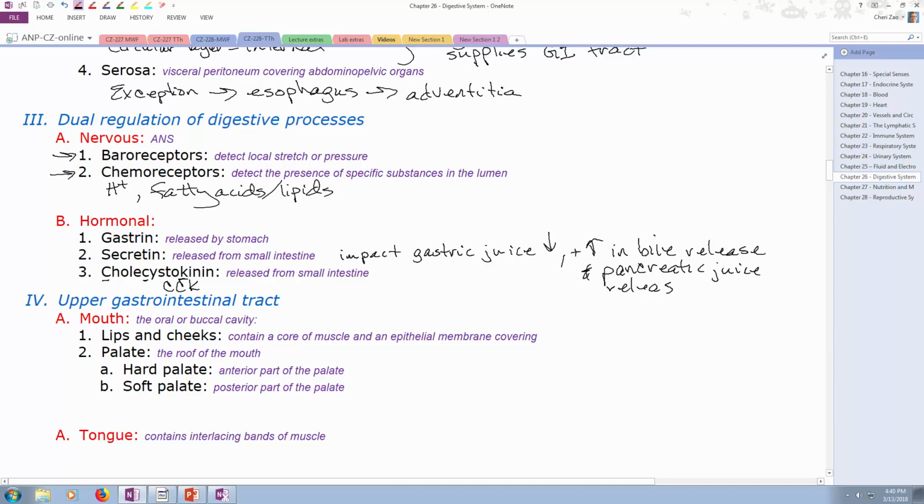It will decrease gastric juice, which is a bunch of juice released by the stomach to the contents of the stomach. It will increase bile and pancreatic juice release. The thing that is the strongest of the two is cholecystokinin. So that one's stronger than secretin. Gastrin is a hormone released by the stomach that is designed to increase gastric juice production.